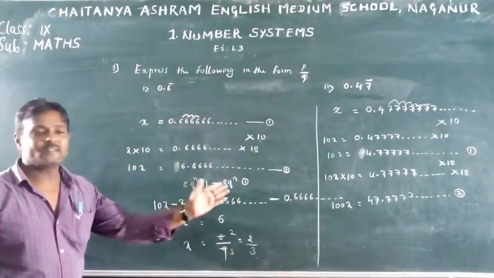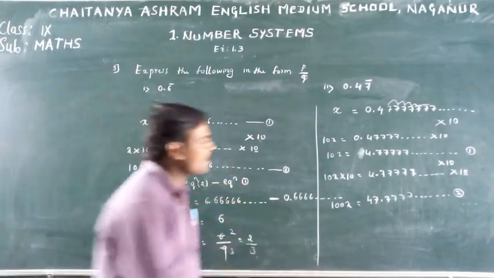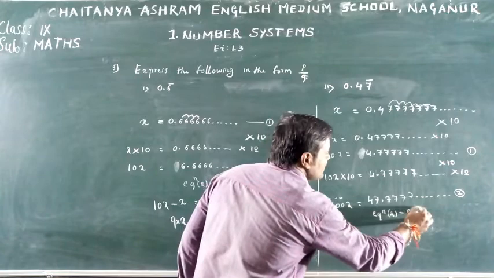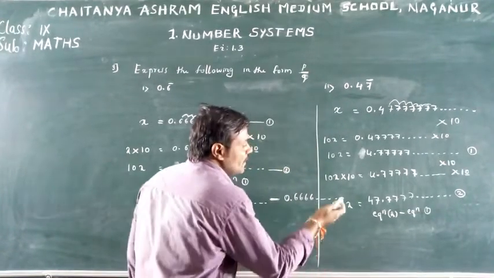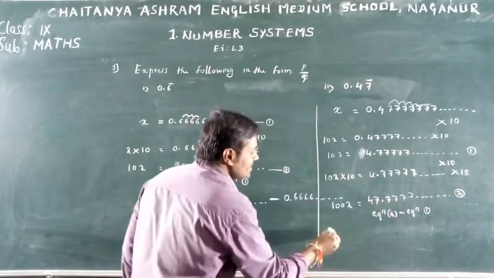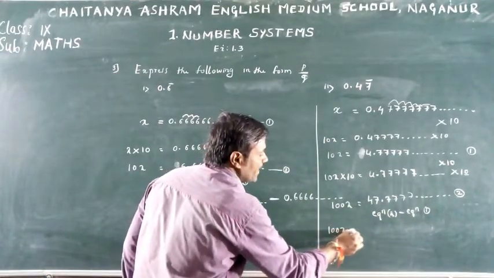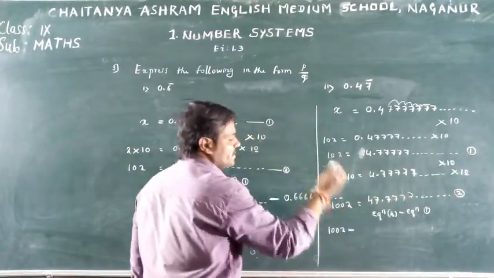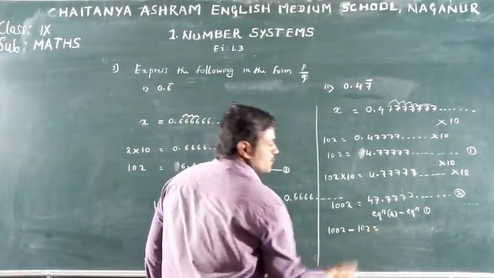Again do the same process: equation 2 minus equation 1. What is the LHS of equation 2? It is 100x. Minus equation 1, whose LHS is 10x.